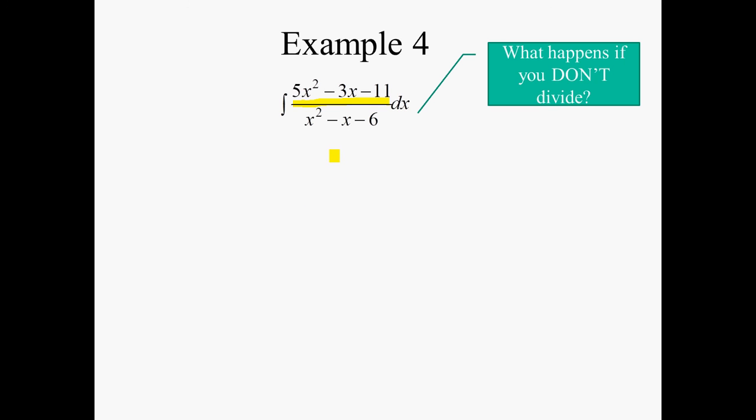And then once you run through all your options and realize that you have to do partial fractions, you then have to look at your degree here and realize that since the numerator degree equals the denominator degree, you must do long division before partial fractions.